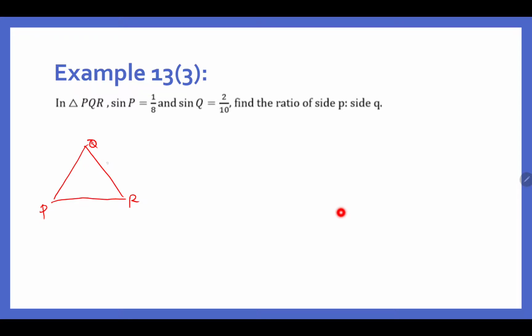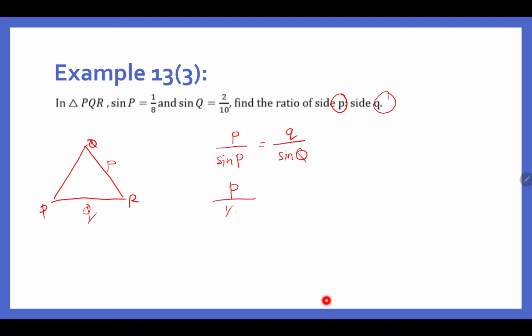Side p maksudnya kita letak p kat sini lah, side q ada kat sini. Okay, so using law of sine, we get p over sin P equals q over sin Q. Okay, so p kita tak tahu, itu yang kita nak cari sebab kita nak tahu ratio untuk side p dengan side q.